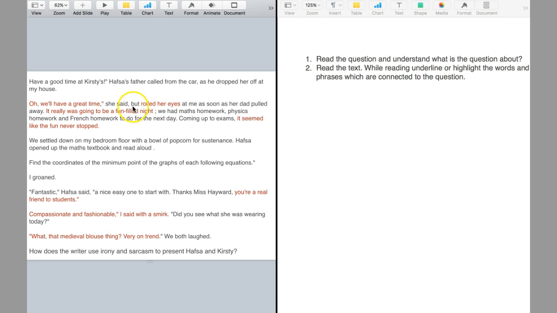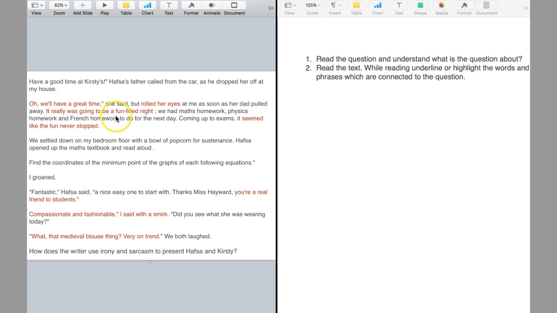It is not a full stop, it is not finished. If it were finished, it would be just a reply. But that reply continues, and how does it continue? But rolled her eyes at me. So it makes you think why she rolled her eyes. We don't know whether it is sarcasm or not yet. Until we read further, we don't know why she rolled her eyes. But rolled her eyes at me as soon as her dad pulled away.